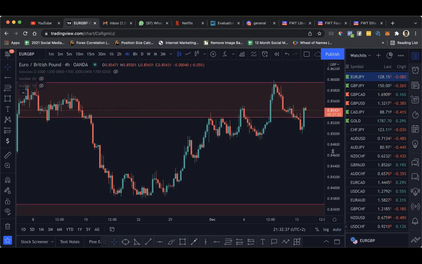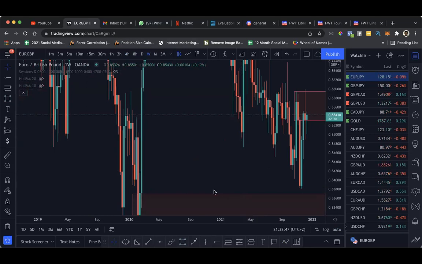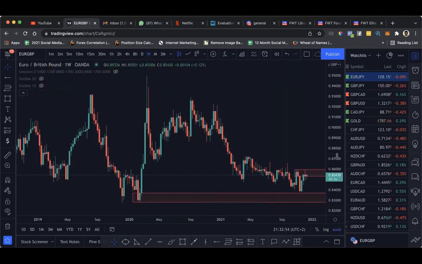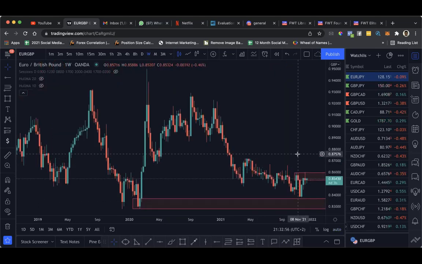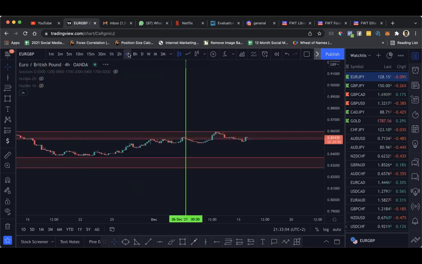Okay, so we see this. Let's go to the first time that price hit this zone. Okay, so first time price came to this zone was here, on the 4-hour chart.